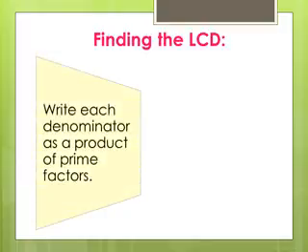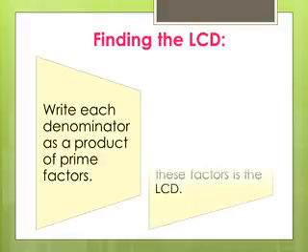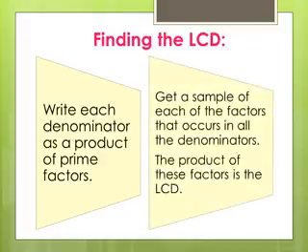Technique number 1: we write each denominator as a product of prime factors. For the second one, we get a sample of each of the factors that occur in all the denominators. And the product of these factors is the LCD.